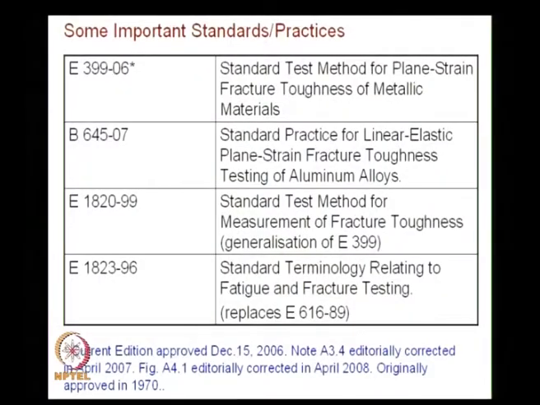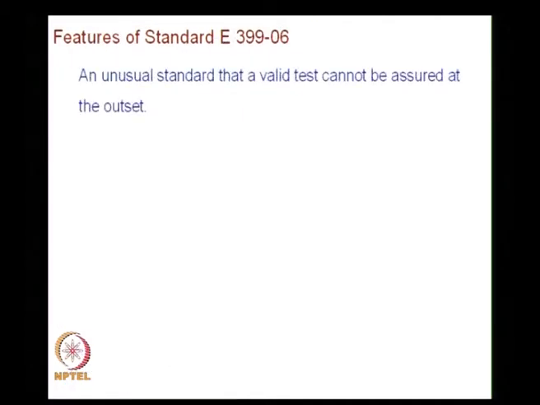Whenever a standard is developed, for it to percolate down to people it takes some time, it does not happen immediately, and we look at features of some of these standards. I have not given all the standards, only a selected few. If you look at features of standard E399-06, it is an unusual standard in that a valid test cannot be assured at the outset.